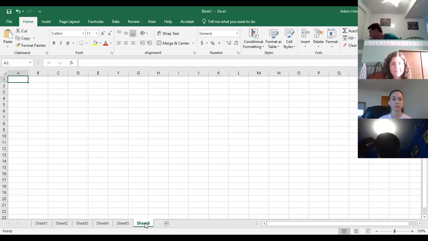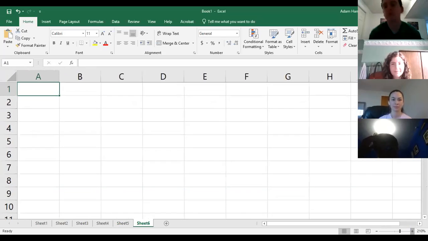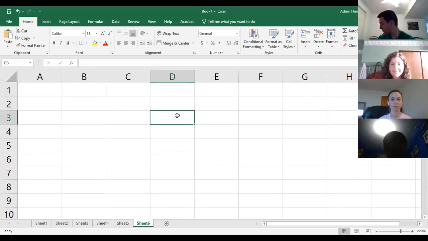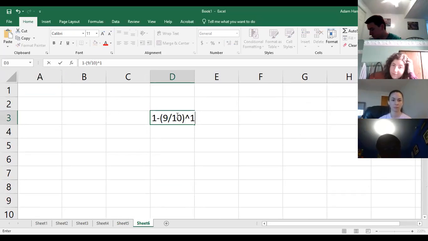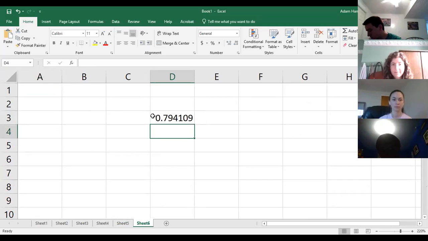I wonder if it'll do it. I'm actually curious. I think Wolfram Alpha will do it if this won't. But here's 1 minus 9/10 raised to the 15th power. Oops, I have to put equals. You guys see my Excel here?